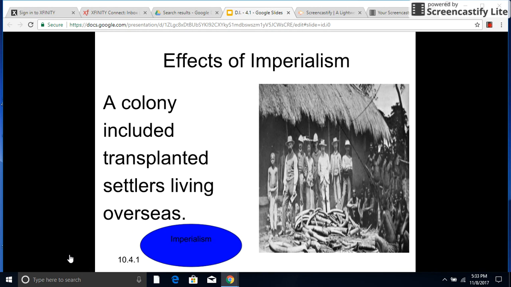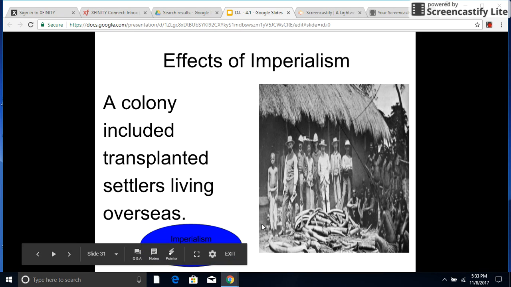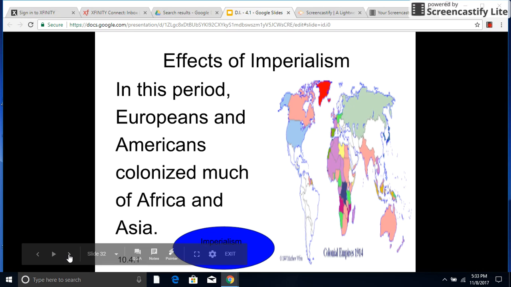A colony included transplanted settlers living overseas, like this picture shows. In this period, Europeans and Americans colonized much of Africa and Asia. These were the two continents that were really the target of imperialism, Africa and Asia, along with Australia too.